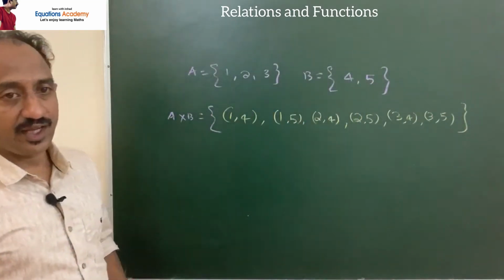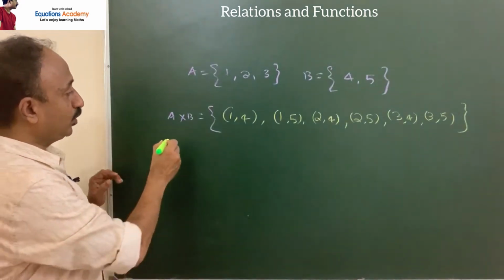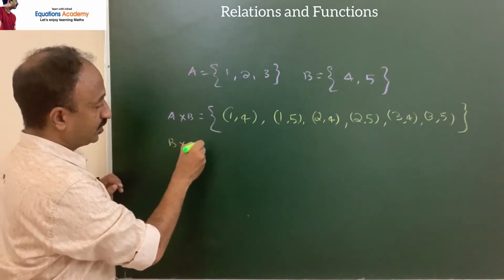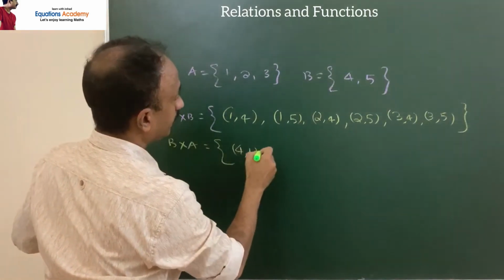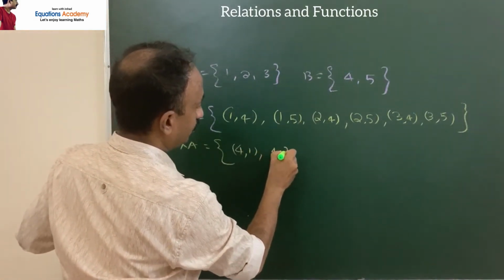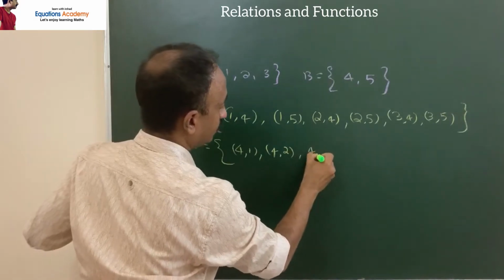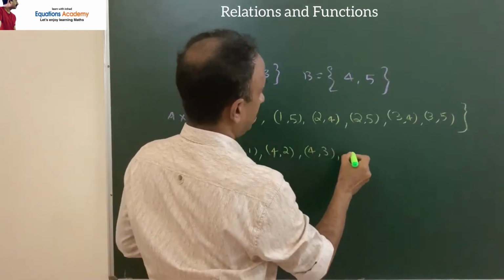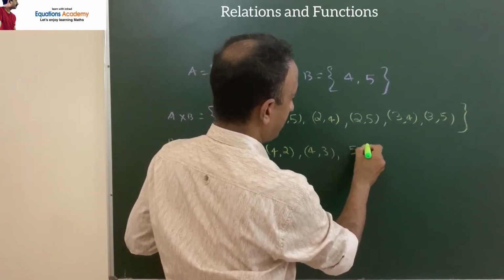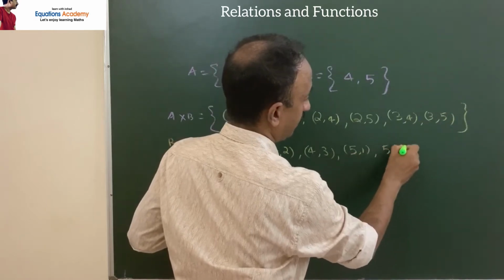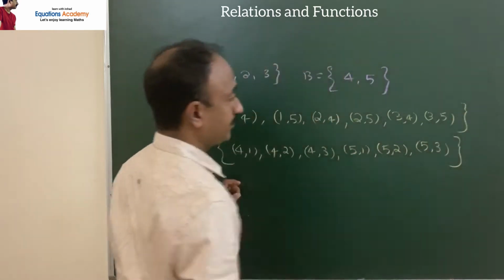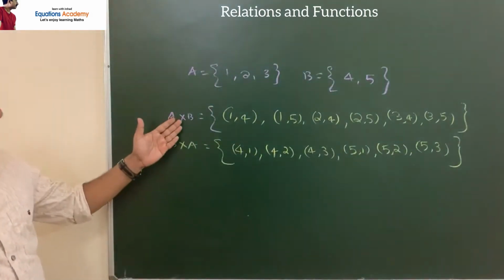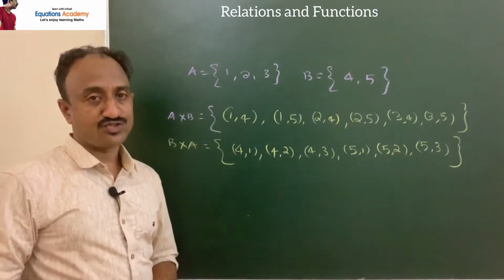This is A cross B. How about B cross A? B cross A is equal to (4, 1), then (4, 2), then (4, 3), (5, 1), (5, 2), (5, 3). This is A cross B and this is B cross A.